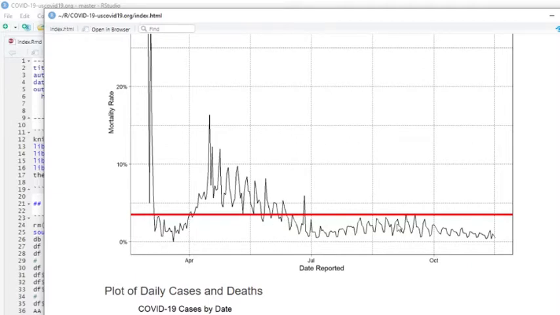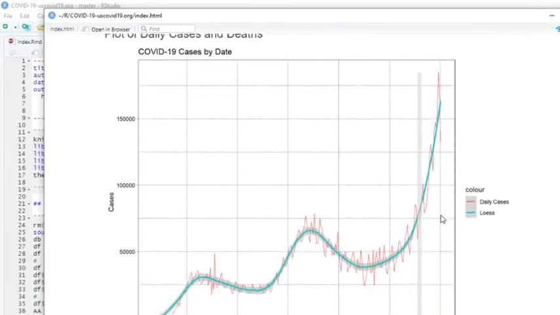So this is the 3.1% line right here, the national average. Look at all these dates, even with the current spike in deaths, look at this mortality rate here. Now, if you look at cases, this spike is a concern, but it's only a concern as it relates to deaths.